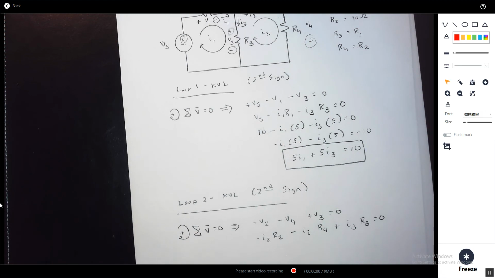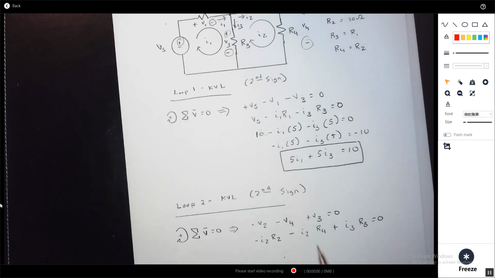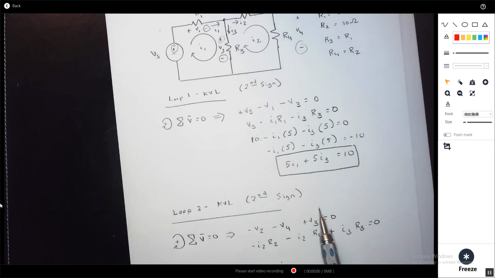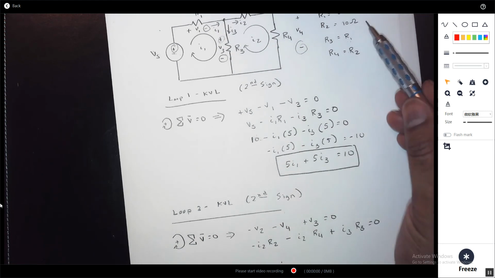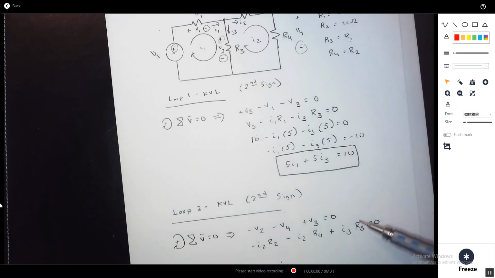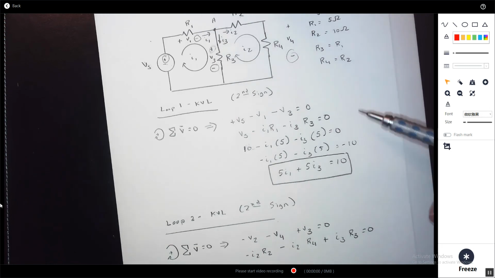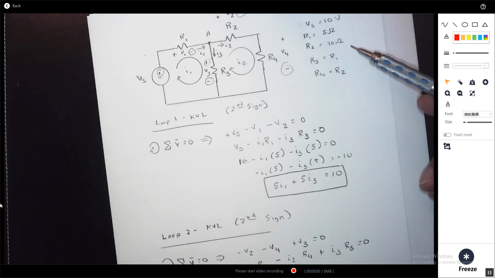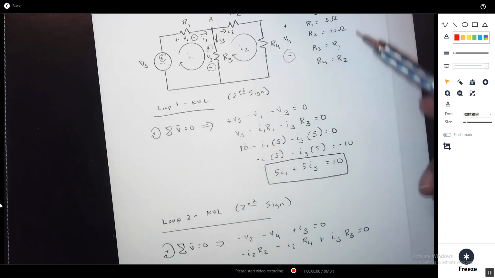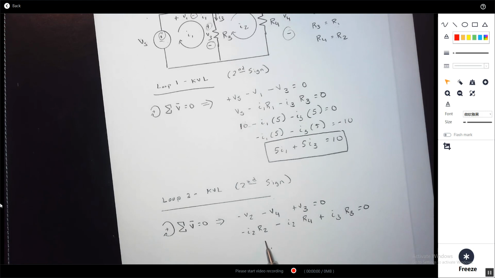Okay, so what we start doing now is we start plugging in the values, right? We know that R2 is 10, R3 is equal to R1, which is 5, and R4 is R2, which is 10. And you simply plug the values in. Okay?